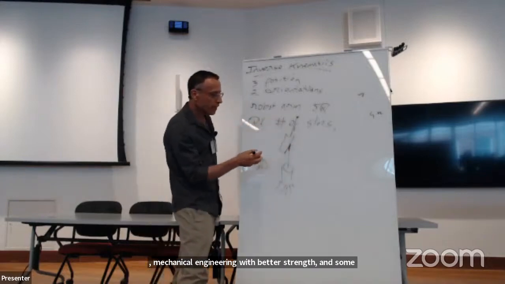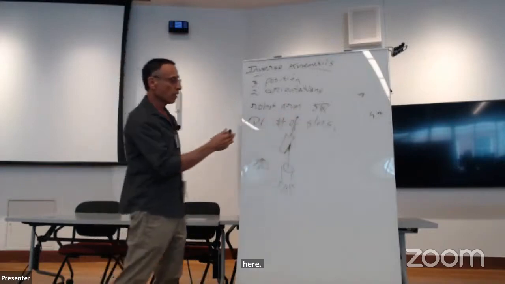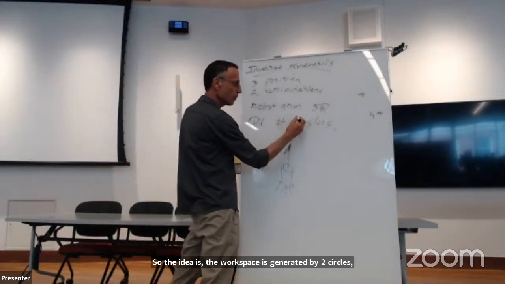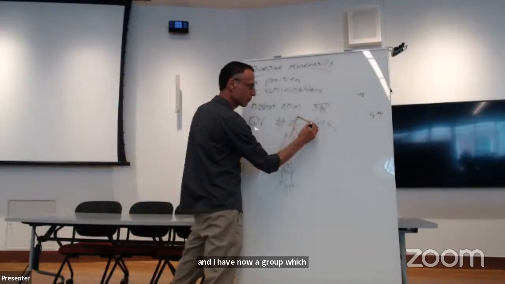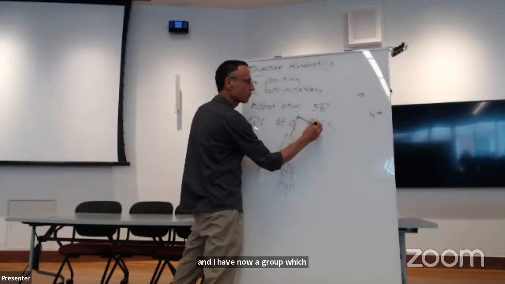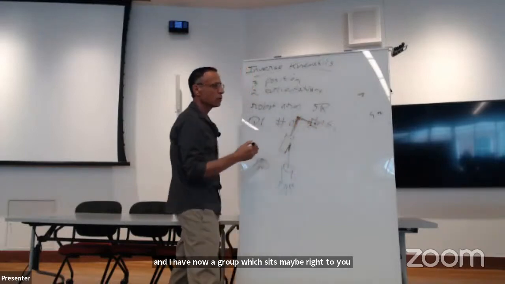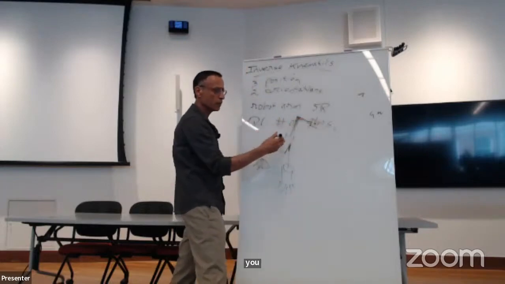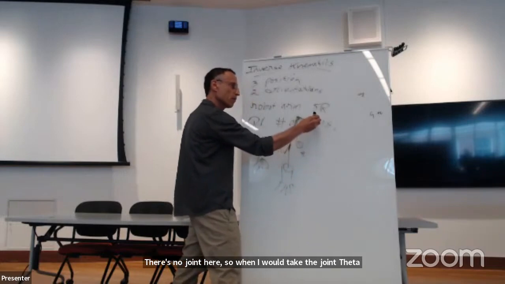So the idea is, look, the workspace is generated by 2 circles. I have now a gripper which sits maybe right here. But there's no joint here. So when I rotate the joint theta 2, I get a circle.